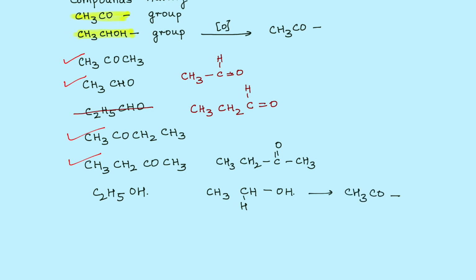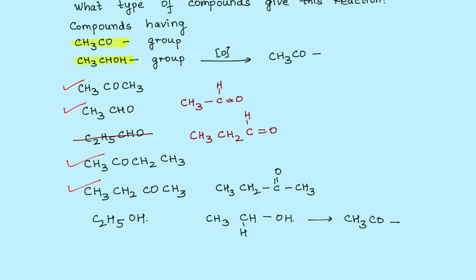That is what we said at the beginning. Compounds having the CH3CO group or compounds having the CH3CHOH group, right? So in the case of ethanol, we've got the CH3CHOH group, which will be oxidized. So what do I do?